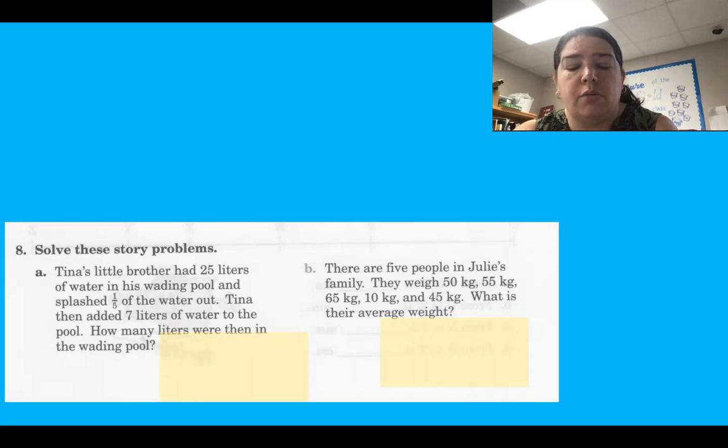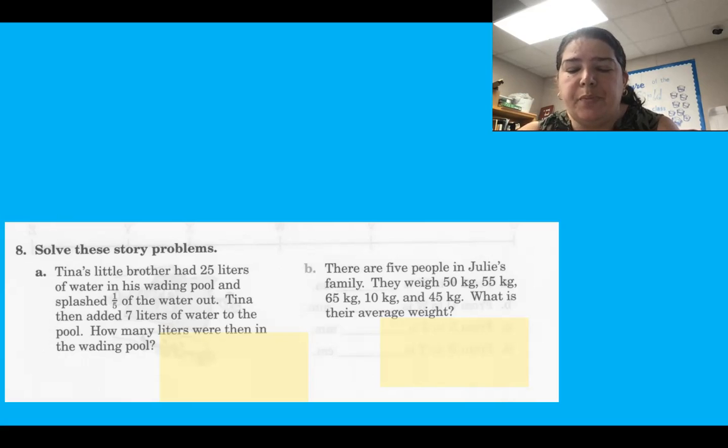Very good. So write 20 liters were left. Now, it says Tina added 7 liters of water. Remember, we had 20 left. Now we need to add 7. So we have 27 after they added water. So that's your final answer. So you have 5 liters out, 20 liters left, and 27 liters after they added. Good job.